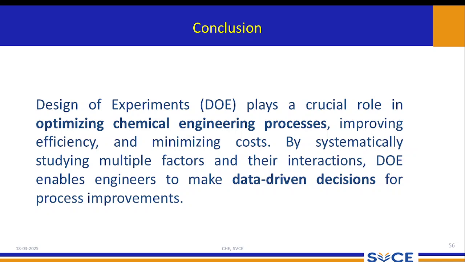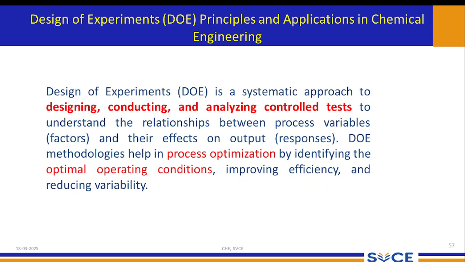By systematically studying multiple factors and their interactions, design of experiments enables engineers to make data-driven decisions for process improvement. So, design of experiments is a systematic approach to designing, conducting, and analyzing controlled tests to understand the relationship between the process variables and their effect on output responses.